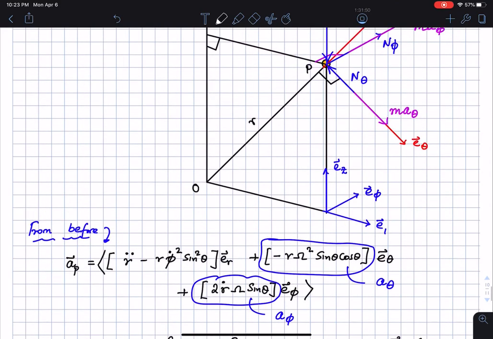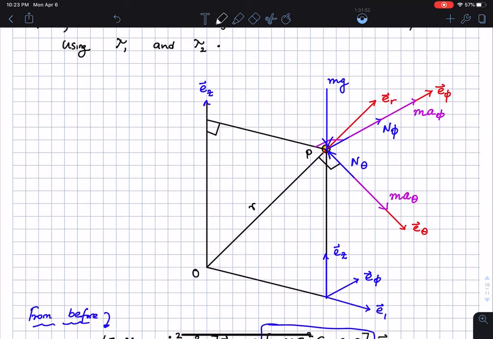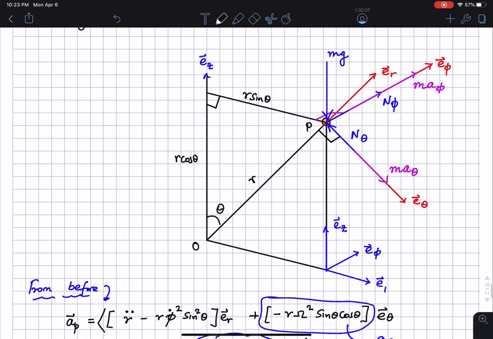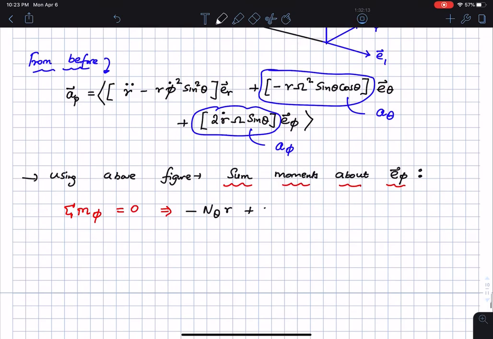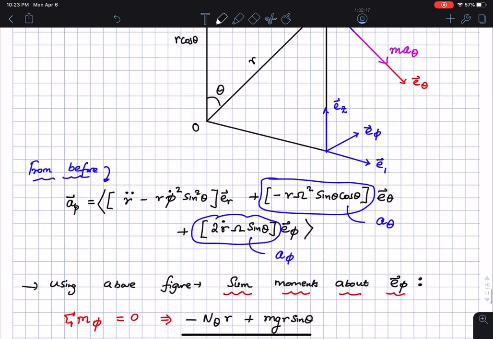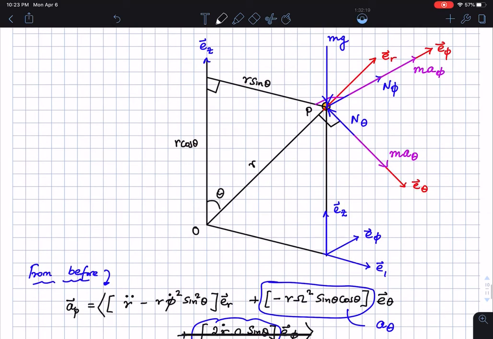Then if I look at the force mg, if this is r, and this angle here is obviously theta, if I mark that, this is r sine theta, this is r cos theta, right? mg times r sine theta is going to cause a moment about the positive e phi direction, so plus mg r sine theta.